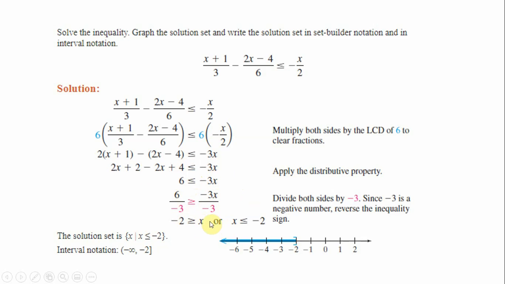Rewriting, here's 0, the smaller number is x, all numbers x less than or equal to negative 2, and if I graph that on the number line, there's my negative 2 I'm including, and all the ones smaller to the left, more negative. And here's my solution set in set builder. Set of all x such that x is less than or equal to negative 2, and in interval, negative infinity to negative 2.